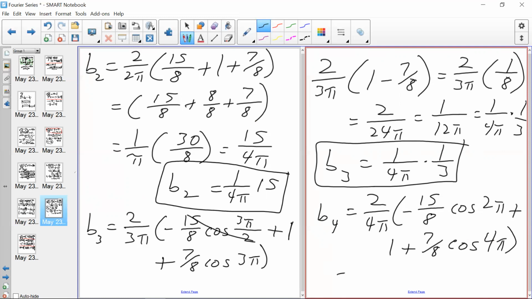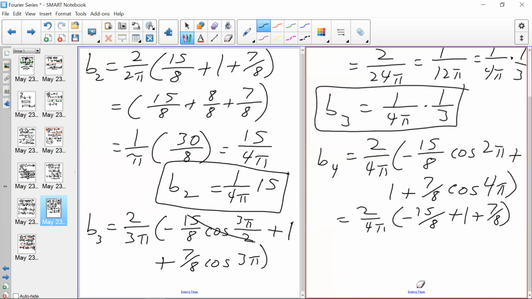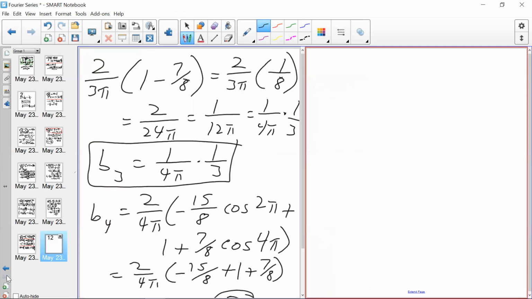And stretch this out, 2 over 4 pi. This is 1, so it's going to be negative 15 over 8 plus 1, and cosine of 4 pi is 1, and this is plus 7/8. You factor all that out, this is going to be basically negative 15/8 plus 15/8, and that's 0. So the B4 coefficient is 0. It doesn't exist.